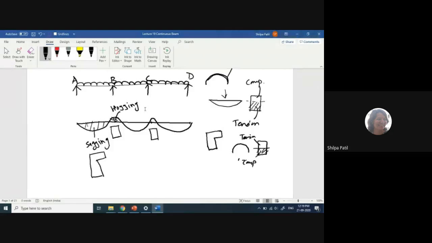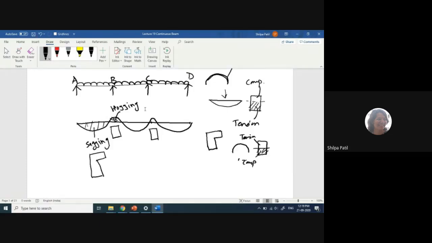So in short, the design for a continuous beam is a very lengthy process. We have to first analyze the beam. Now you can see simply by observing the diagram itself that we cannot easily find out the moments, because we have to find out the support moments and the midspan moment.